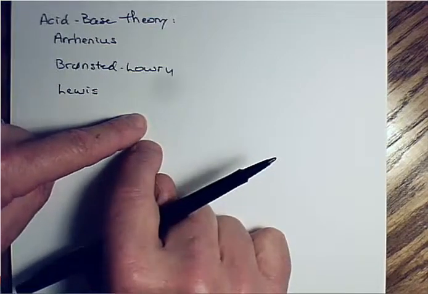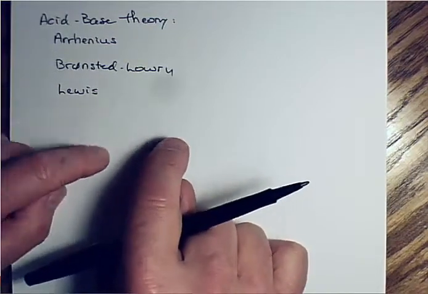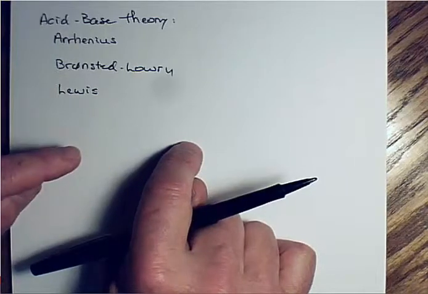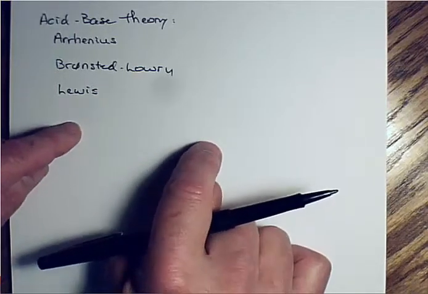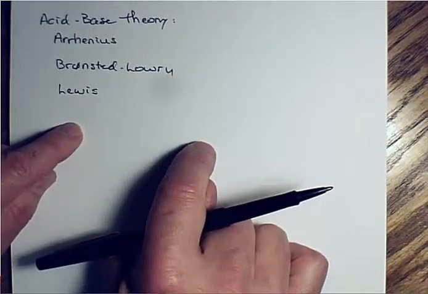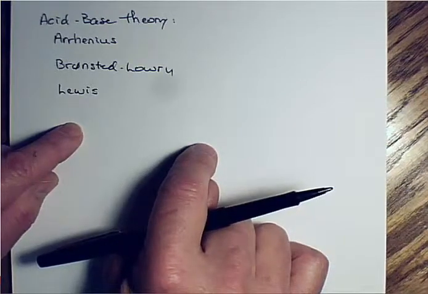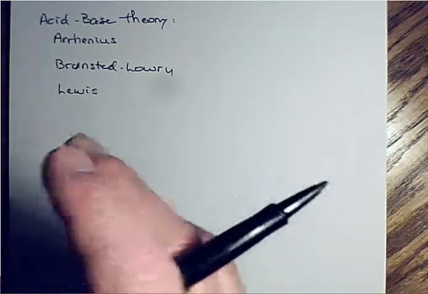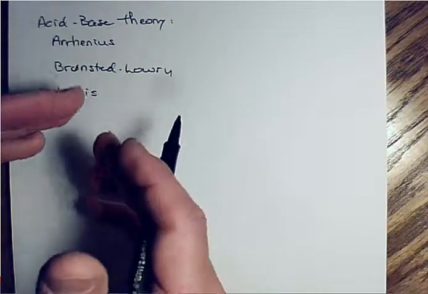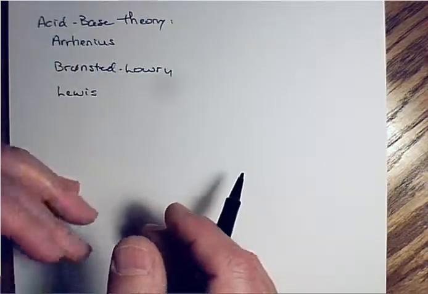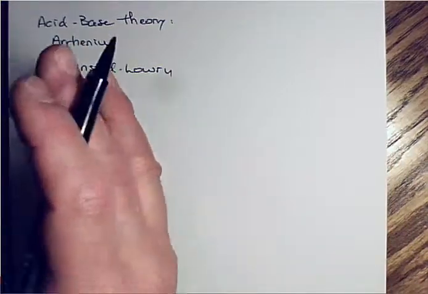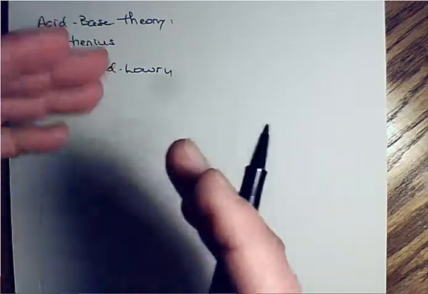This is different. In this case, the pair of electrons comes from one species, and you don't have one from one species and one from the other. You have both electrons coming from one species. And so the one that brings the electrons to the covalent bond, that's the base. The thing that comes there without that pair of electrons, that shares that pair of electrons, is the acid.